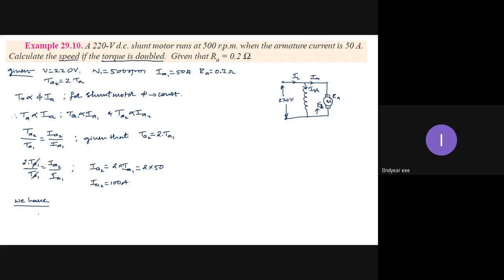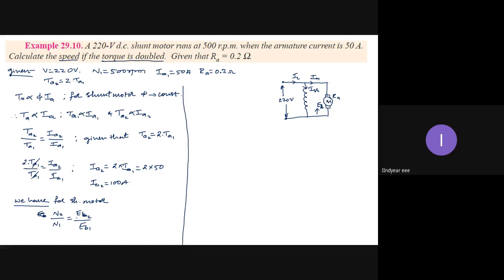Now we have N2 by N1 equals EB2 by EB1. This is for a shunt motor. Please remember, for a shunt motor, phi1 by phi2 will not come. You should remember these two, for shunt motor and series motor.